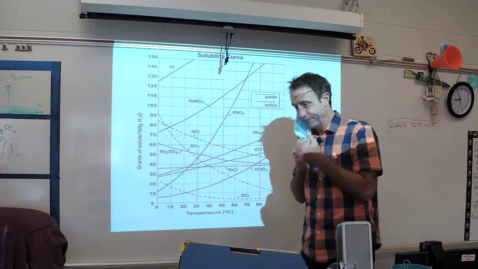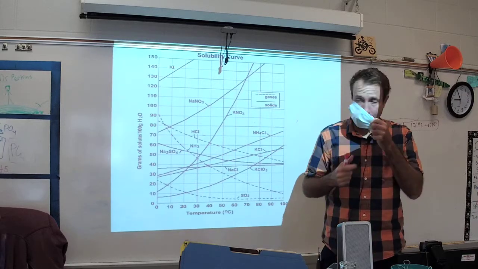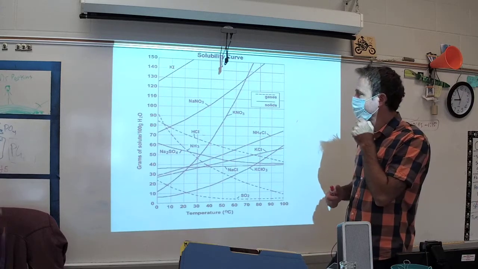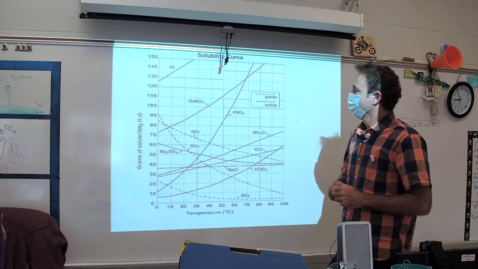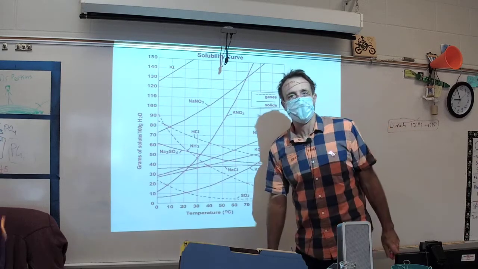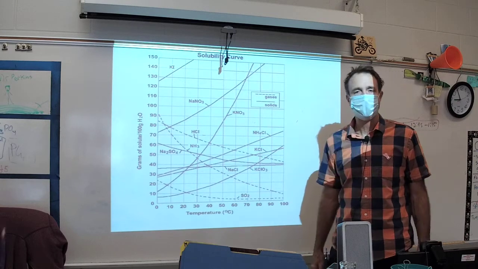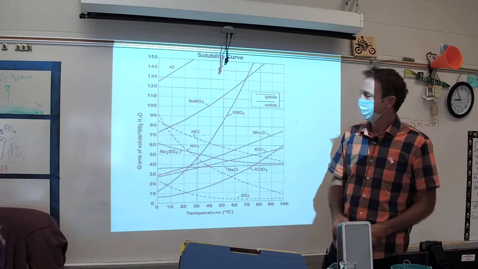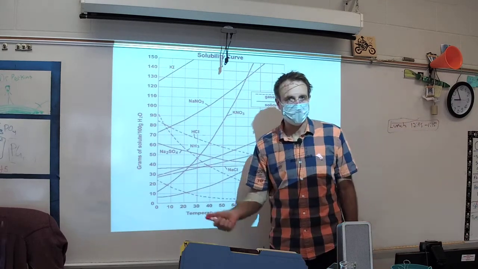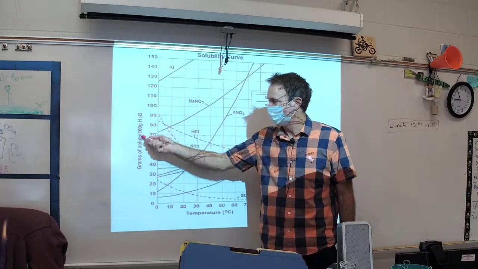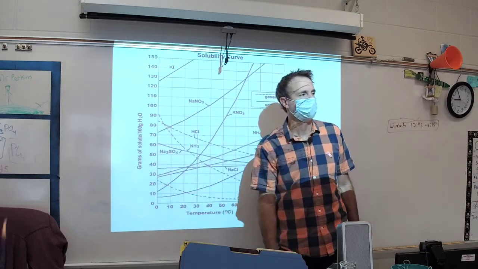Here's the question. 80 grams of sodium nitrate are dissolved in 100 grams of water at 20 degrees Celsius.